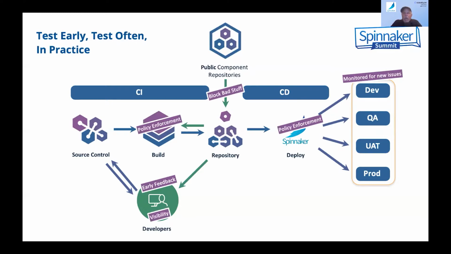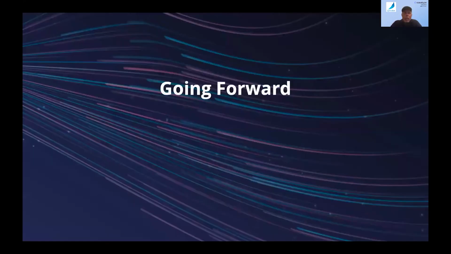So another best practice is to take a look at those environments and ensure that those open source components that have been included have not incurred any additional vulnerabilities as they have been deployed out into different environments. So those are some of the best practices.